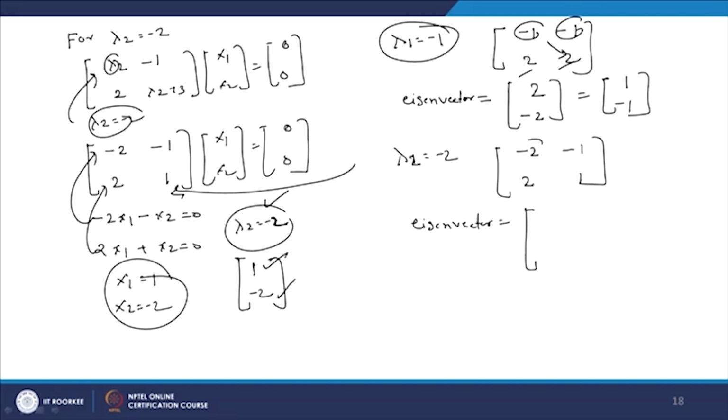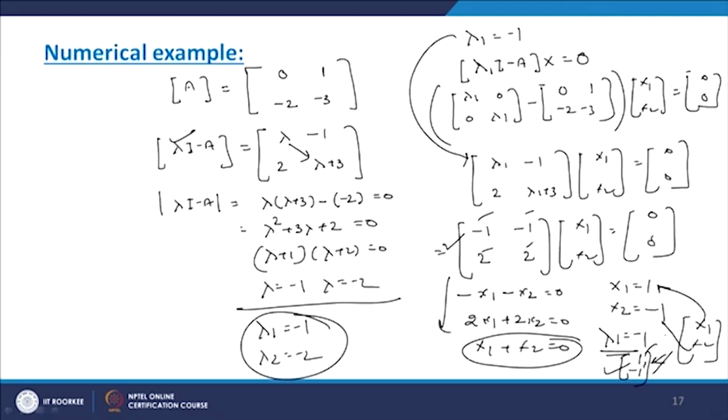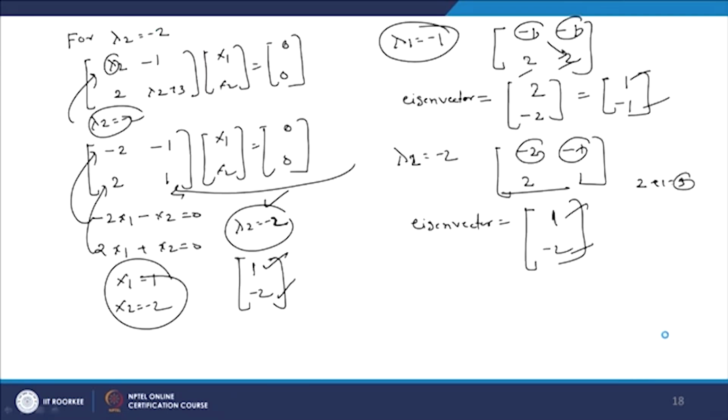So for this minus 2 it is 1, and for this 2, but because here 2 plus 1 is 3, this is an odd number, that is second row first column, therefore it becomes minus 2. So 1, minus 2, 1, minus 1. That means we have easily determined the eigenvectors of a given system matrix.